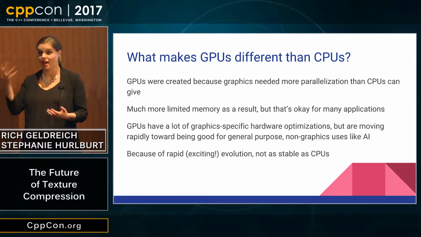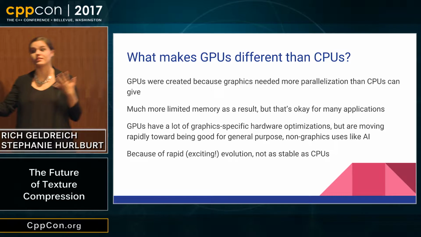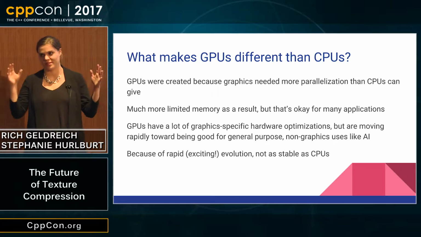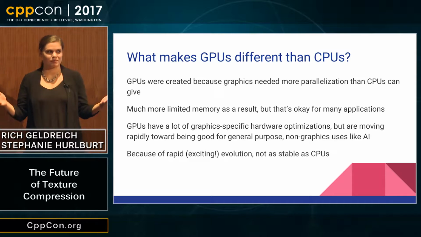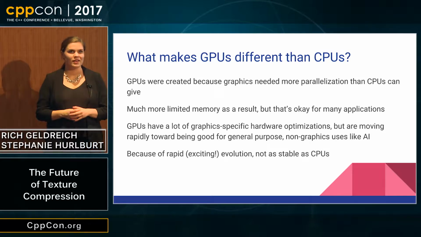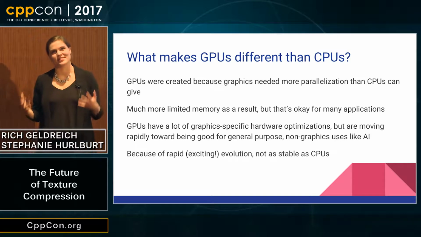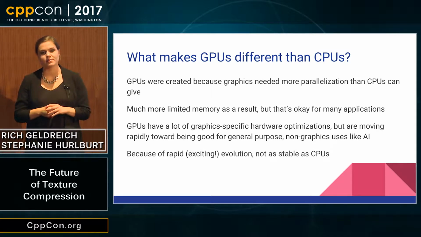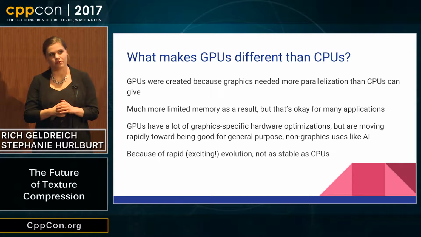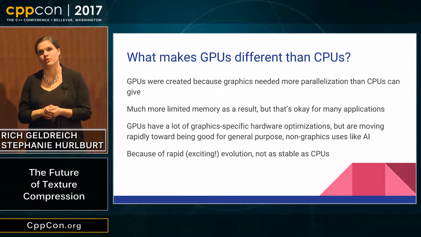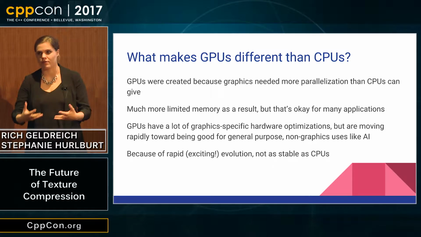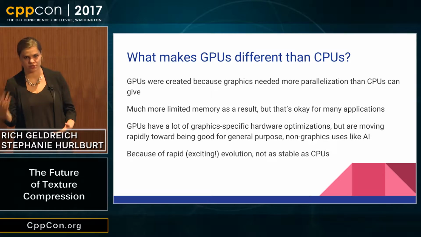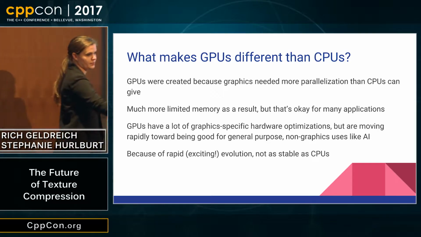It's used in AI and machine learning and all these different applications that also have highly parallel algorithms that don't use a lot of memory. It's great, but because it's developing so fast and is so exciting, it's also not as stable. So that's a big reason we are partnering with GPU vendors to try to get this transcoder taken care of by their drivers and their hardware, because they are on top of the cutting-edge developments and what GPUs need.